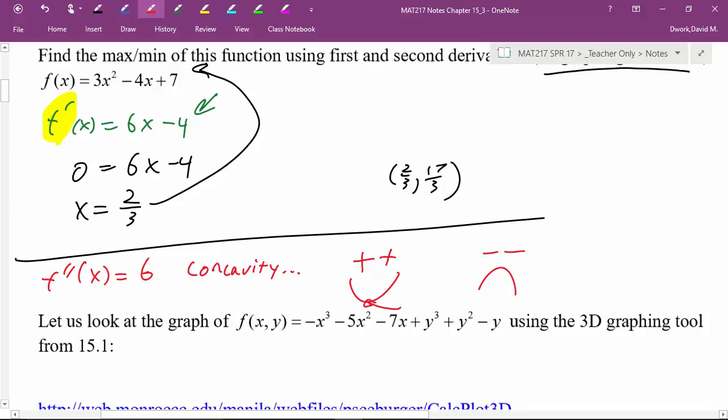When I have a concave up graph and I know the slope of the tangent line is 0, I know it is a min. So a positive second derivative means this point is a minimum. That's the big idea. First derivatives tell you your location. Second derivatives tell you your max or min, concave up or concave down.